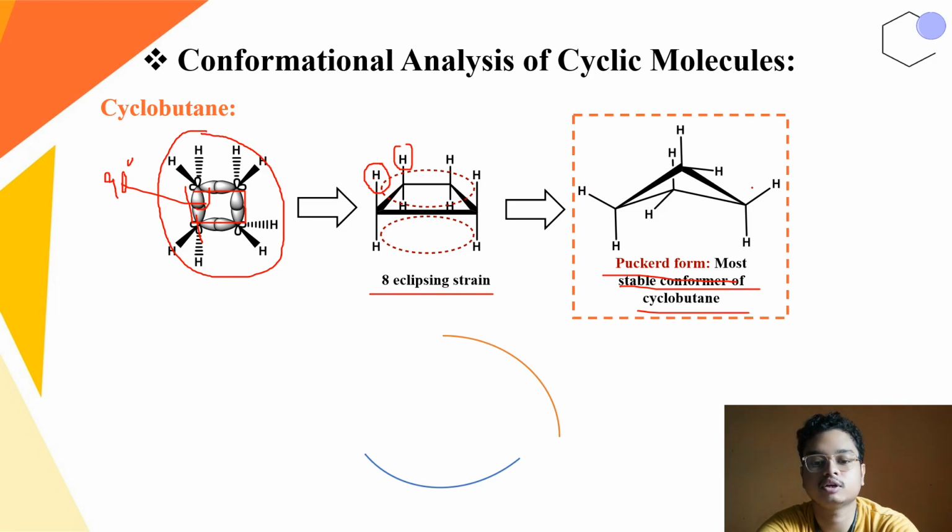This is the most stable conformer of cyclobutane, where these two carbons are above the plane and these two carbon centers are below the plane. Due to this arrangement, the eclipsing interaction is decreased so much, and that's why this puckered form is the most stable conformer.